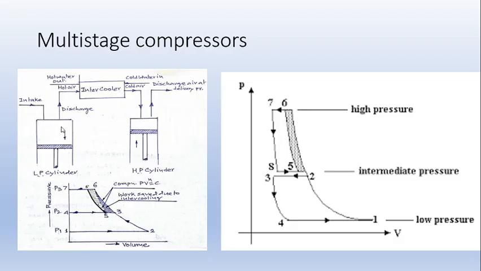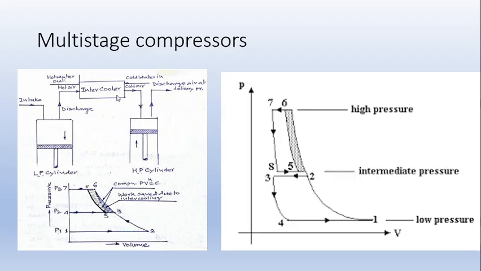Then the air is compressed to a pressure P2 and the temperature rises to T2. In the intercooler, the air is cooled at constant pressure. That means the pressure P2 remains constant, but T2 reduces to a lower value.